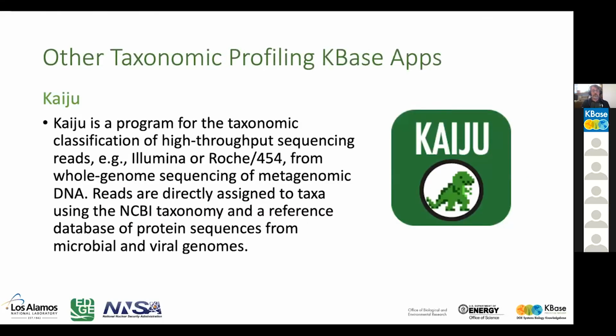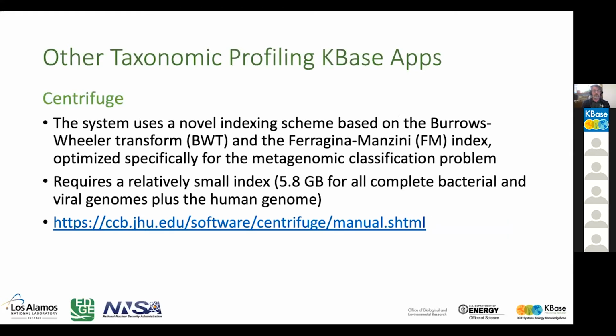For the other taxonomic profiling apps, the one that was already in the KBase App Store is Kaiju, an amino acid based taxonomic profiler. It converts the reads into amino acids and then queries against a protein database. Centrifuge uses the Burrows-Wheeler transform and Ferragina-Manzini index, and it's optimized specifically for metagenomic classification.